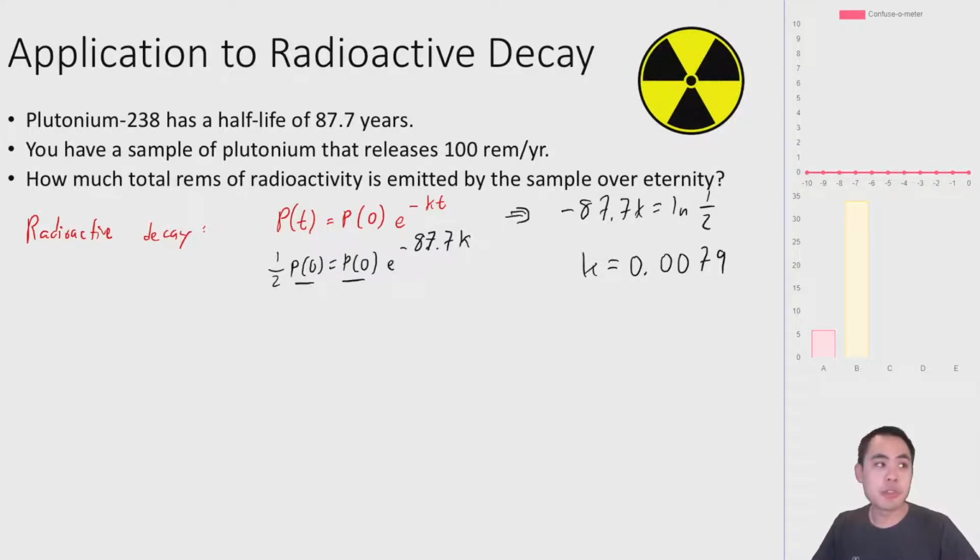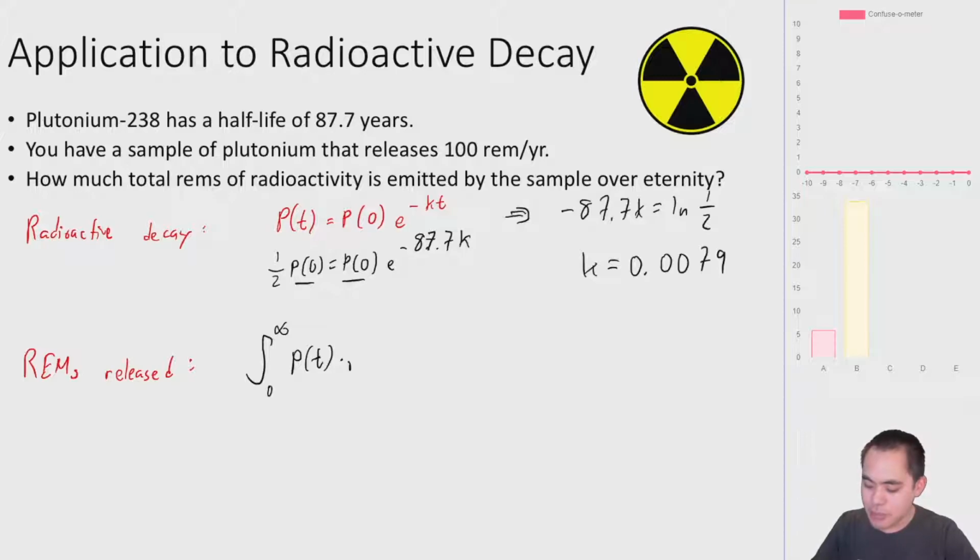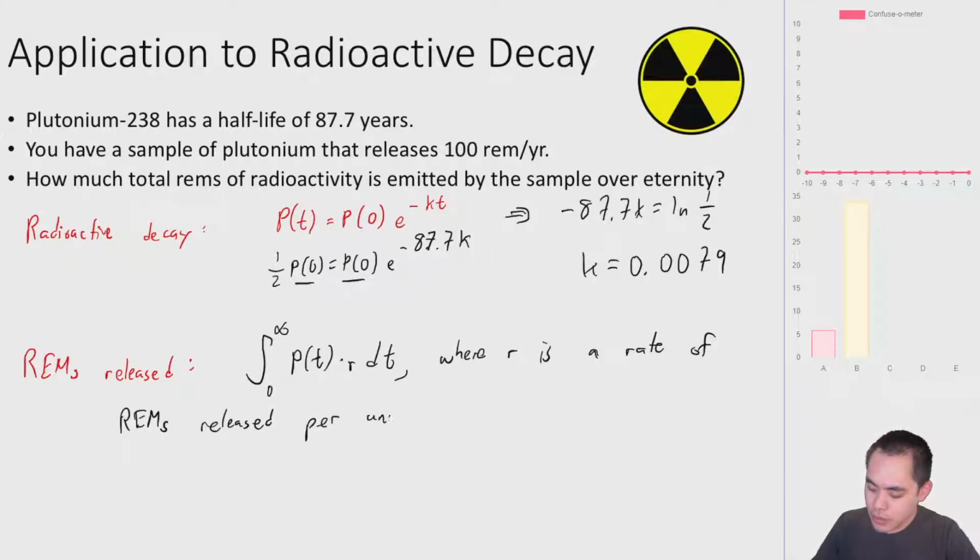So now, the next thing we want to do is figure out how many rems are released. So how much radioactivity is released. So if you want the amount of rems released, well, this is some integral from 0 to infinity of your original amount times some rate constant r times dt, where r is a rate of rems released per unit of plutonium.